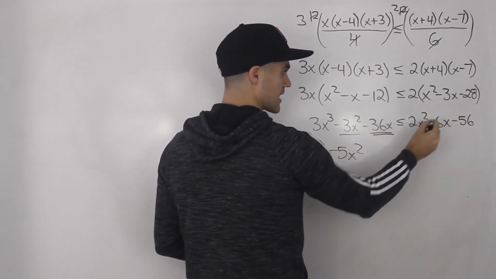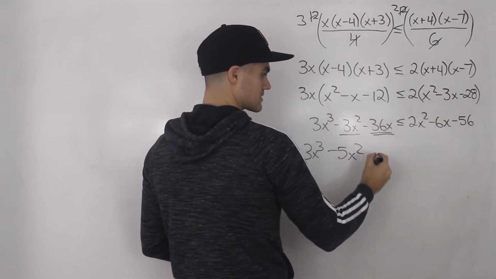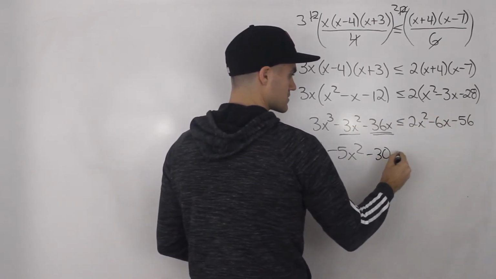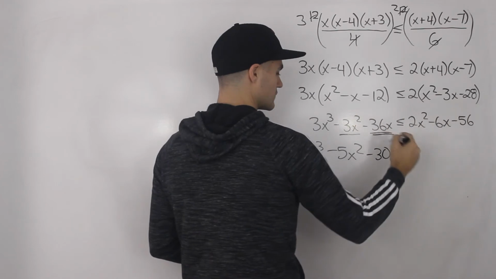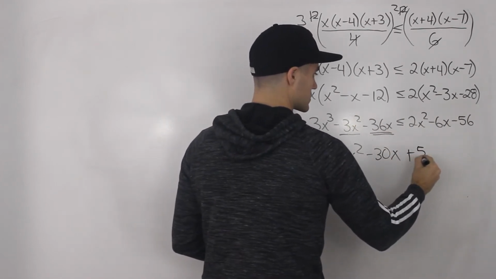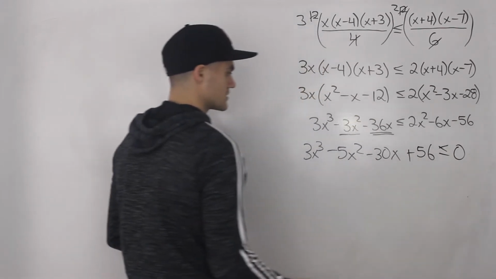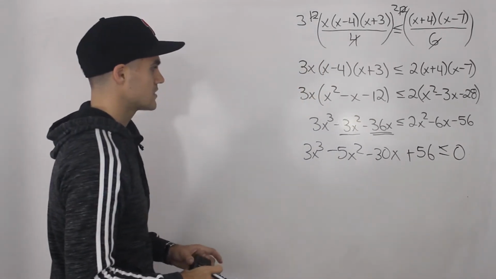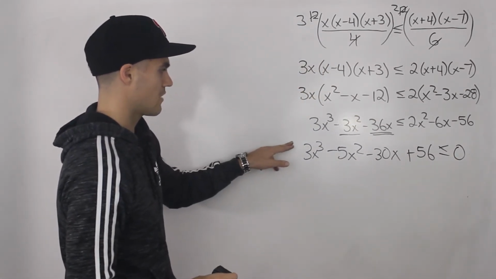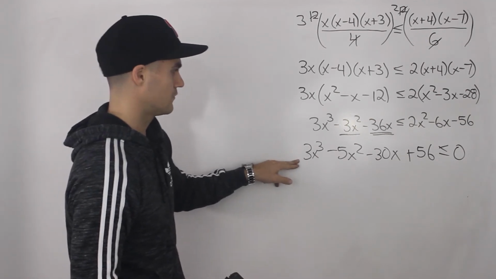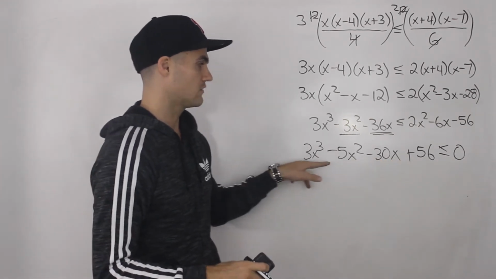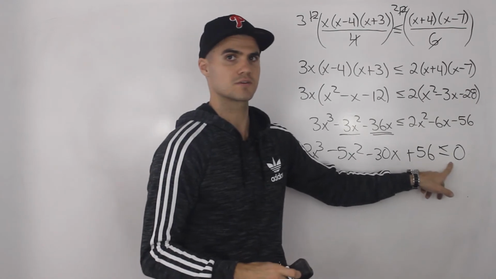Negative 36x plus 6x would give us negative 30x. And then bringing this negative 56 over, it just becomes positive 56, less than or equal to 0. So we now have a polynomial function on the left side, and we have to find out when it is less than or equal to 0.